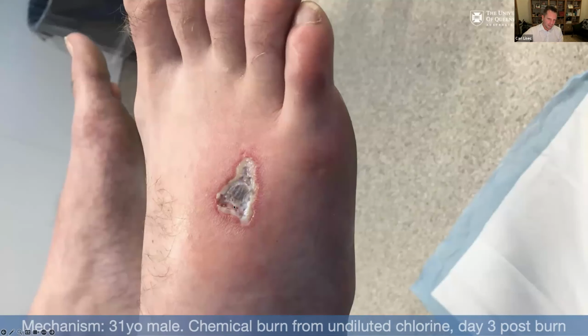And we've even got almost cavitation there. I think there's probably subcutaneous fat that is starting to be exposed in the depths of that wound. So I would say it's full thickness, based on the mechanism. Most chemical burns are usually nasty. So yeah, full thickness is probably the one I'd go for.